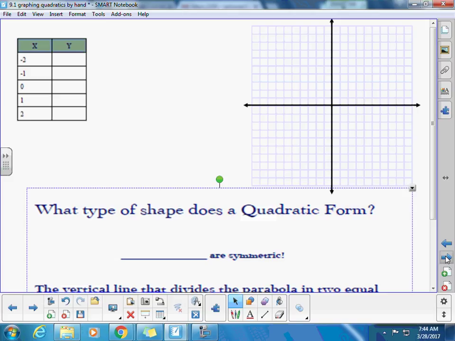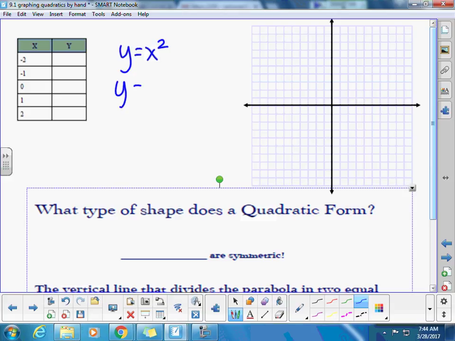So, what type of shape does a quadratic form? Let's take a look. So let's just plug in numbers to the y equals x squared parent graph. And if I plug in -2, remember it's -2 squared.